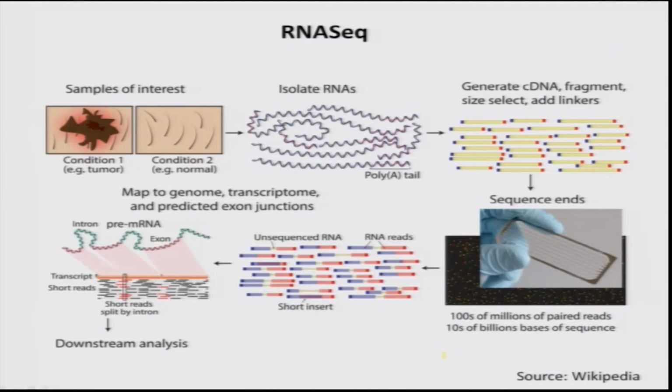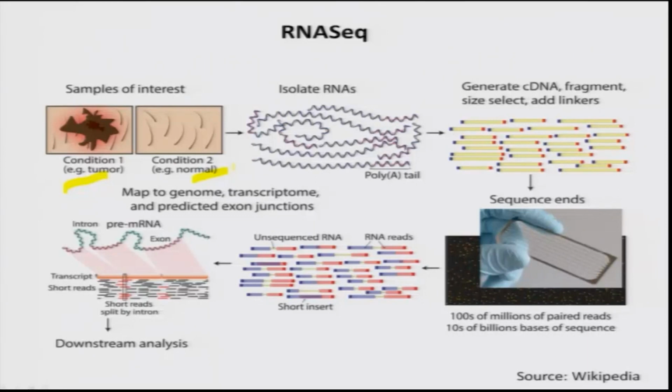So these are examples. One I am going to show you is what is called RNA-seq, popularly known for sequencing RNA, right. So let us say you are looking at two conditions. Condition 1 is a tumor, condition 2 is normal skin. Let us say skin with a tumor and skin that does not have a tumor.